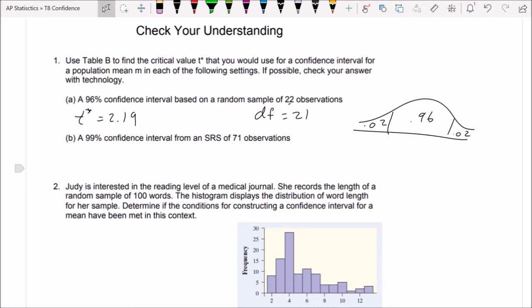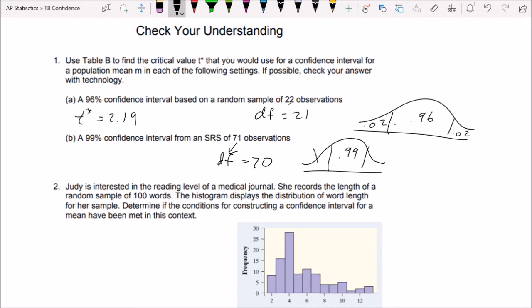Now what about the second one? Now they want a 99% confidence interval from a sample of 71 observations. So quickly we can see the degrees of freedom is 70. If we have 99 in the center, that means we have 0.5% on either tail, so 0.005 is what I'm going to use. Let's go back to the calculator.